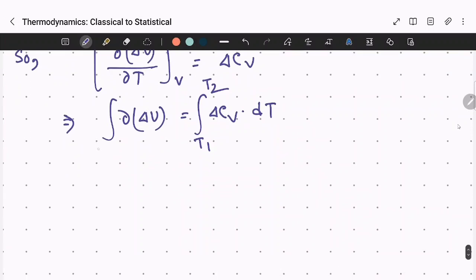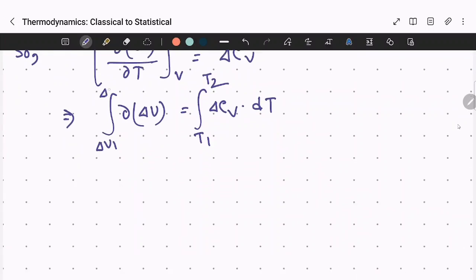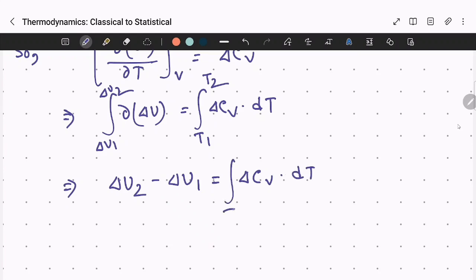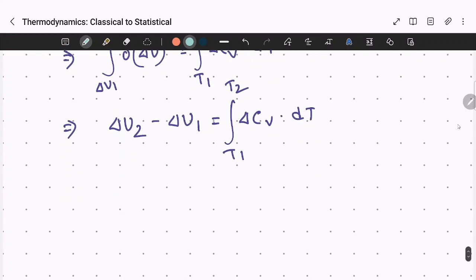This will be del U1 to del U2. So del U2 minus del U1 equals integral of del Cv dT. This integration you can't open, because del Cv is a function of temperature. It is not independent of temperature, so it should be inside the integration. So this is our Kirchhoff equation.